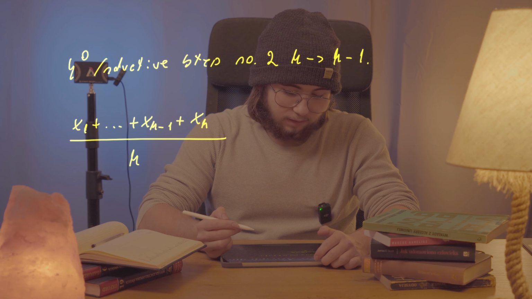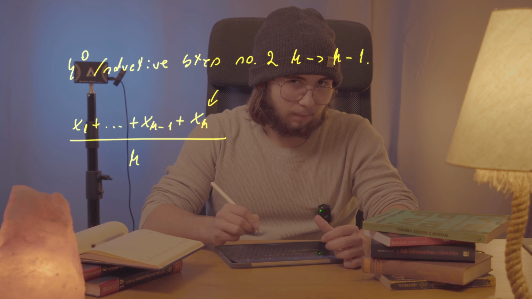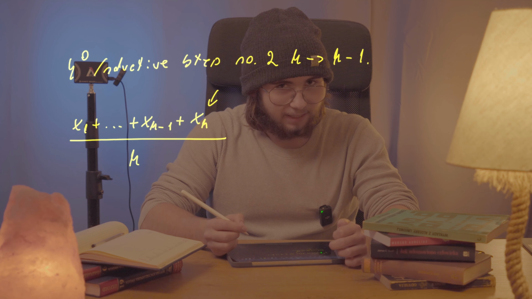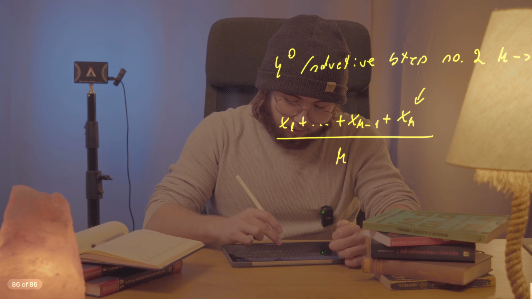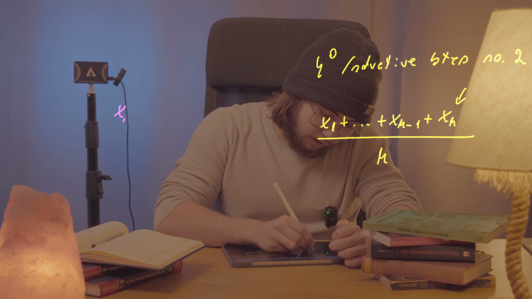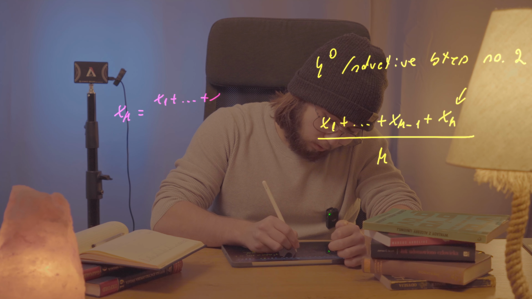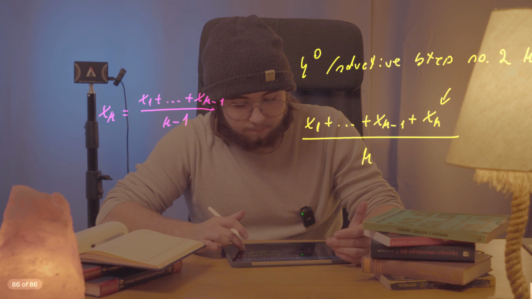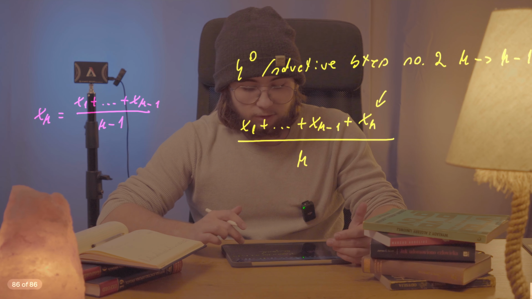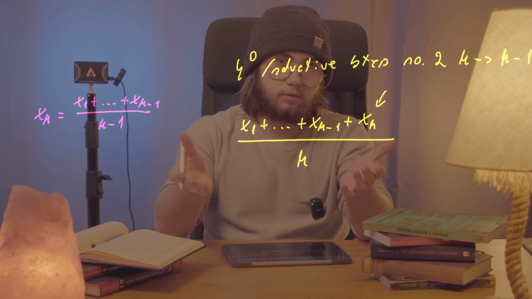Well, what we can do is say that our x sub k is going to be equal to, so I'm going to maybe write it somewhere here, I would like to say that x sub k is going to be equal to the arithmetic mean of all of the remaining numbers. And well, can I do that? I absolutely can, because I'm not even trying to take any particular values for those x's.